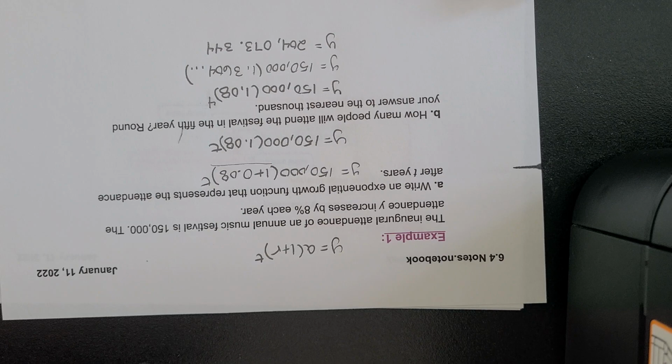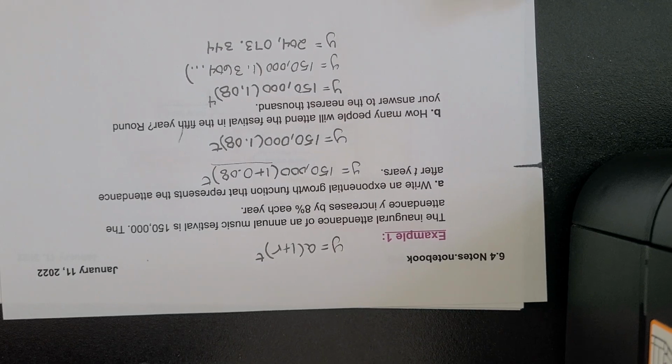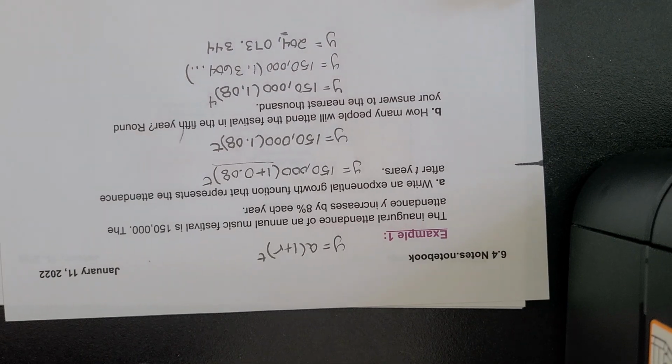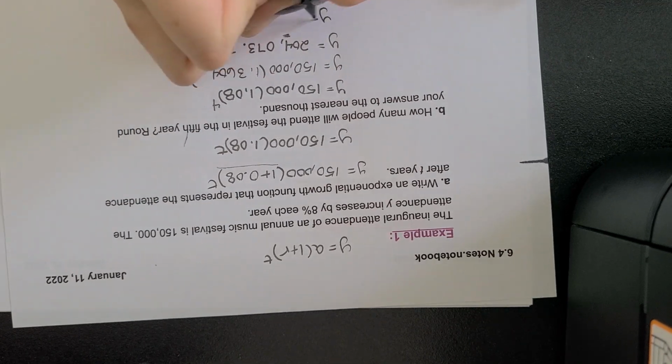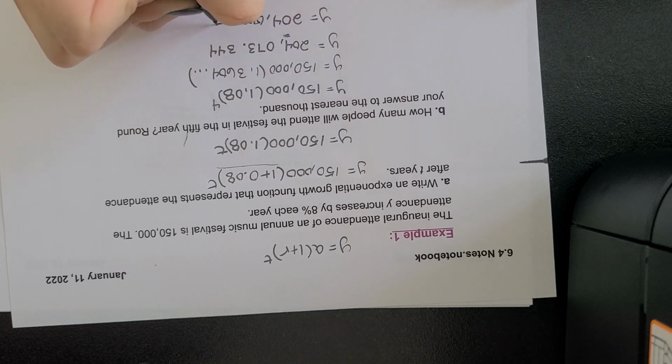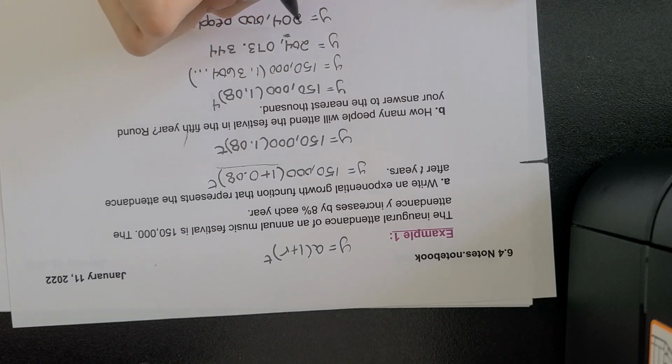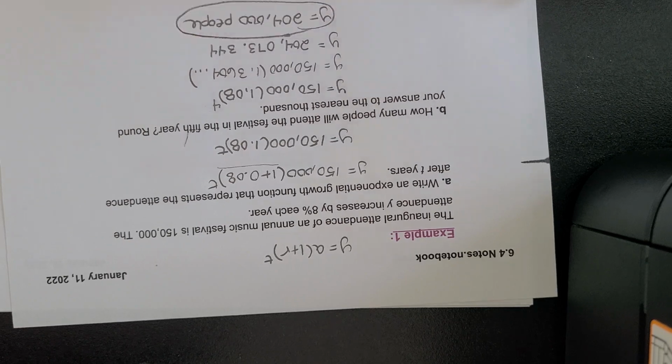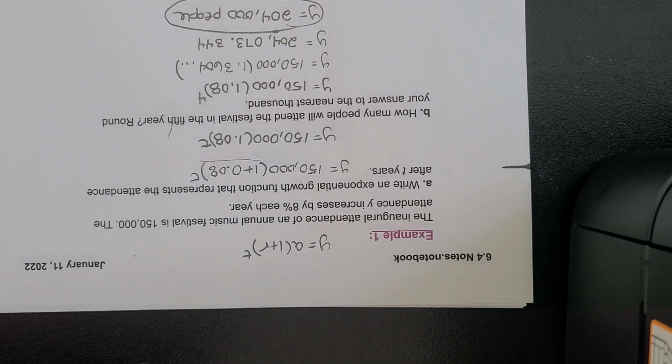And we get this, and we wanted it to the nearest 1,000. So here's our thousands place. So it's going to be 204,000 people at the 5th year.